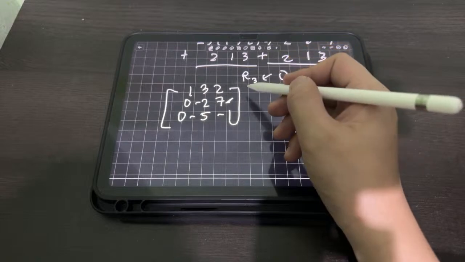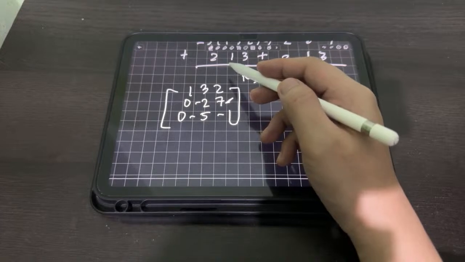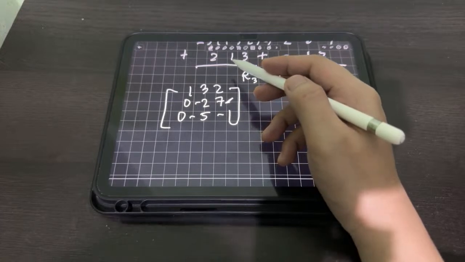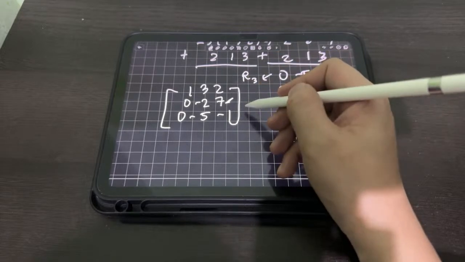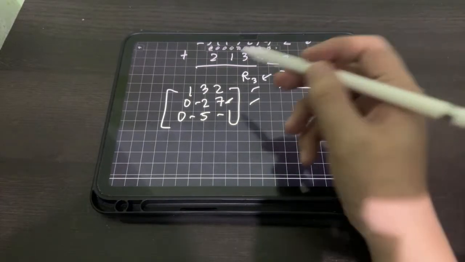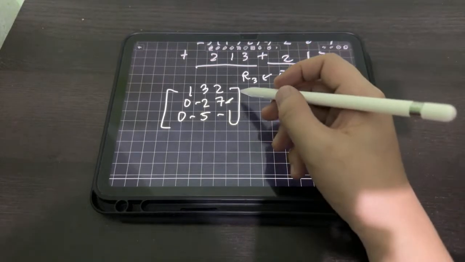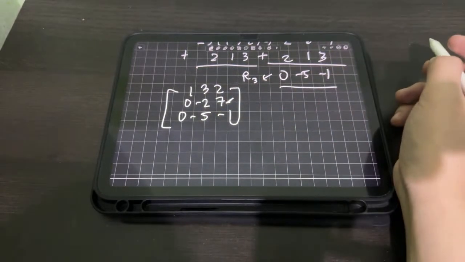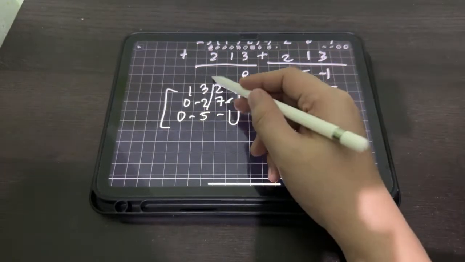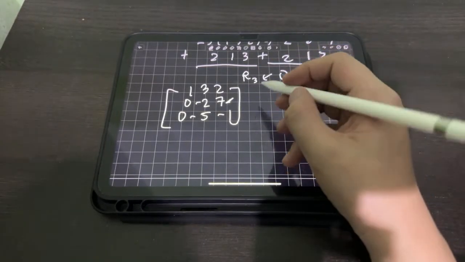It is possible because we have 3 and -2 here. If we add row 1 plus row 2, this entry, 3 plus -2, will become 1. Let's try to do that.